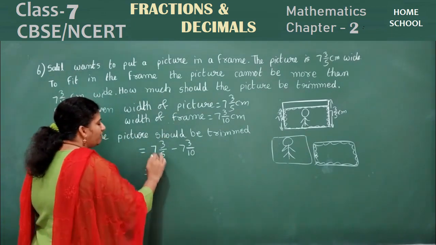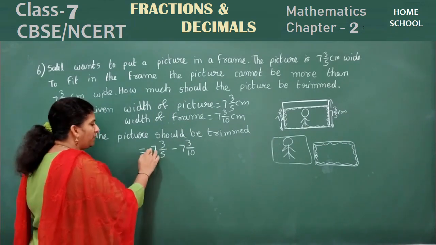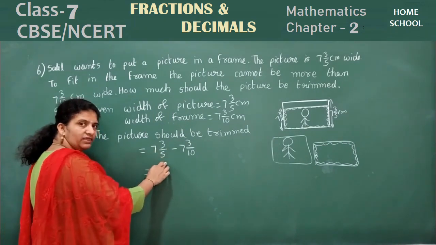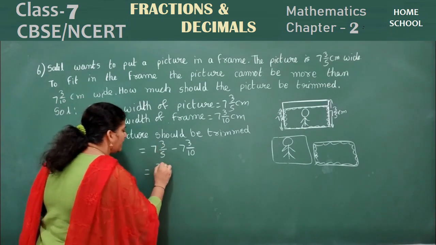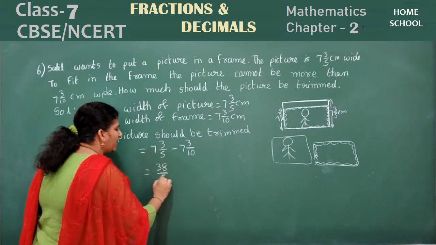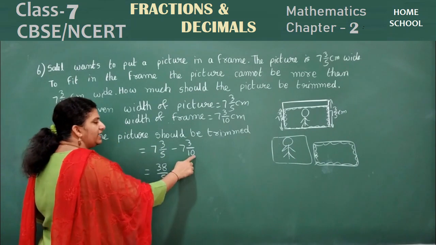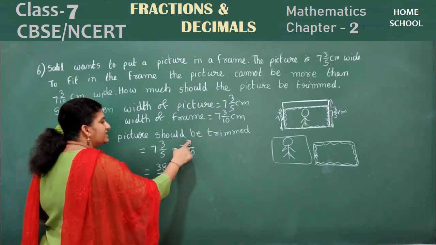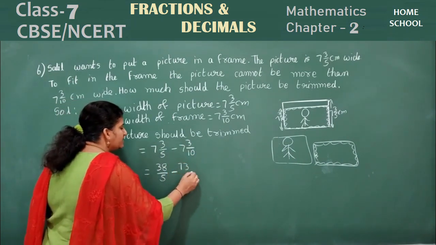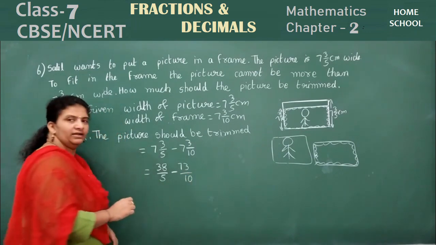So, now, convert this mixed fraction into improper. 7 fives are 35. 35 plus 3, 38 by 5, minus 7 tens are 70. 70 plus 3 will be 73 by 10.